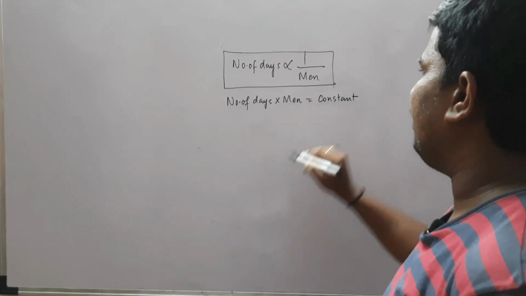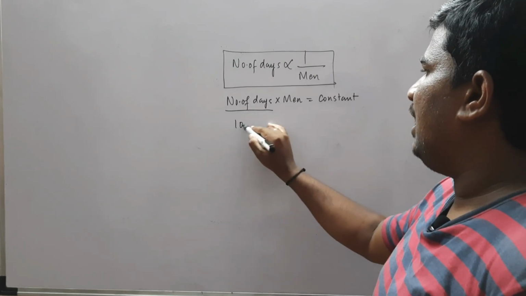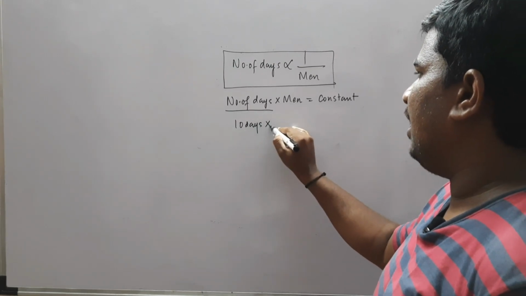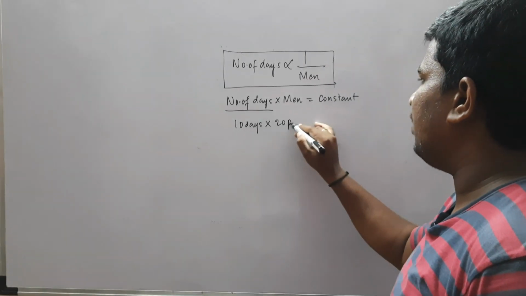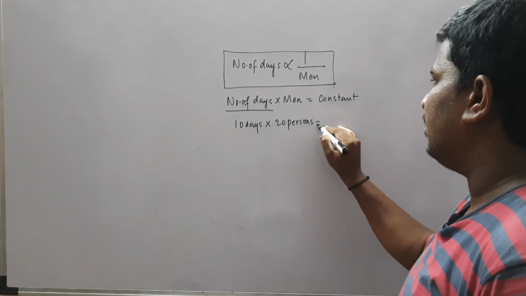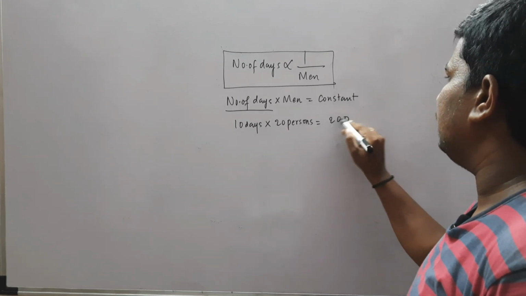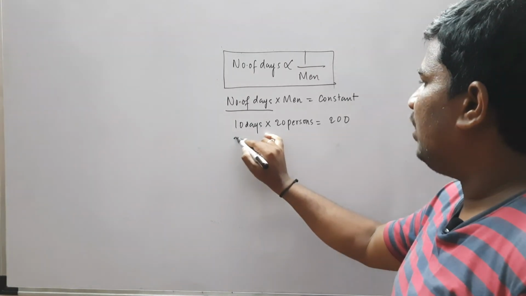That is how we calculate, because if 10 days are taken by 20 persons, imagine, so here the product is 200.